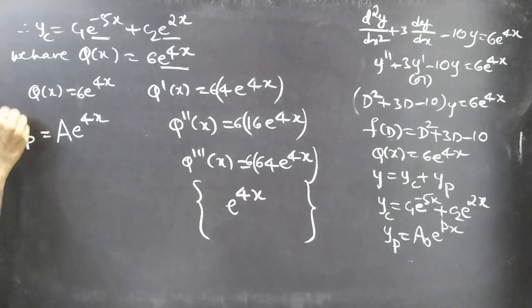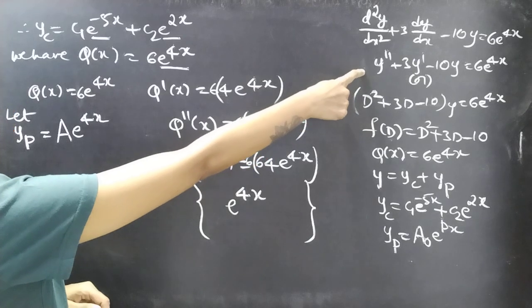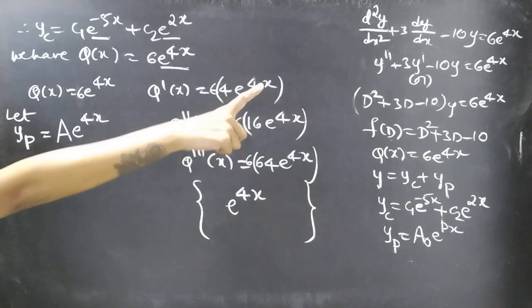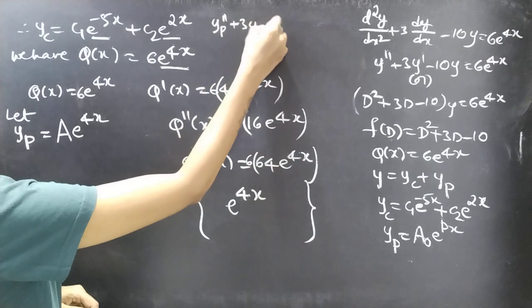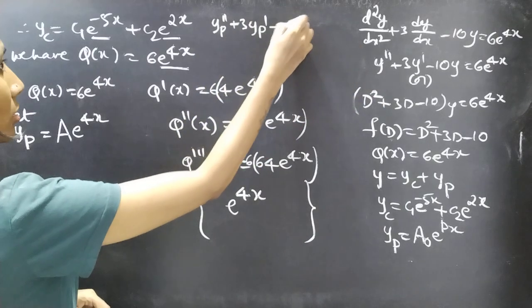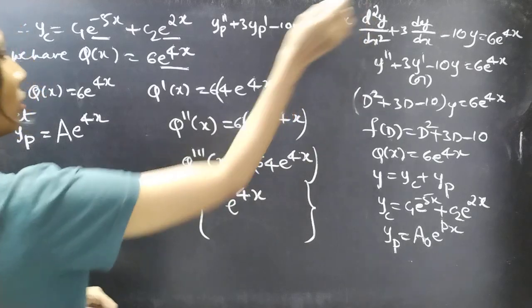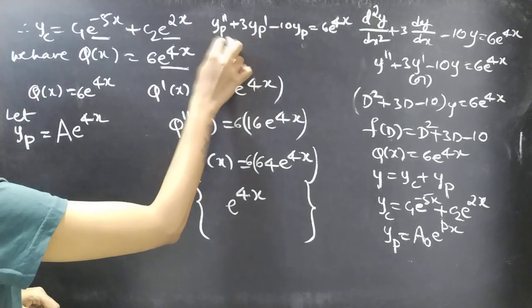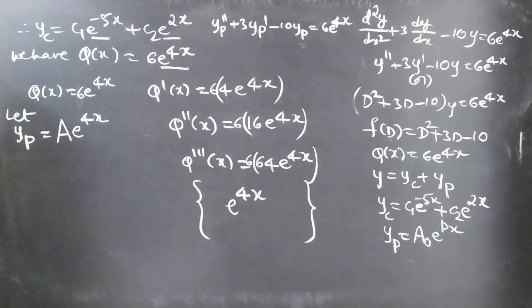Well, now we have yp. We have chosen yp such that it satisfies the given equation. So you can write the equation in terms of yp, yp dash and yp double dash, right? We have only yp. We need to find yp dash and yp double dash now.